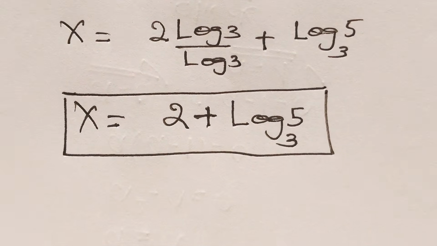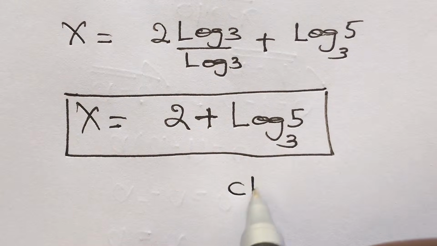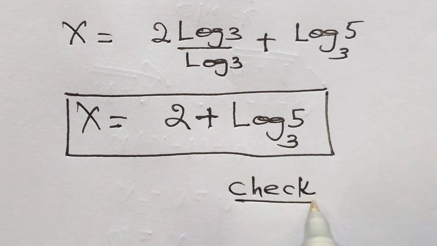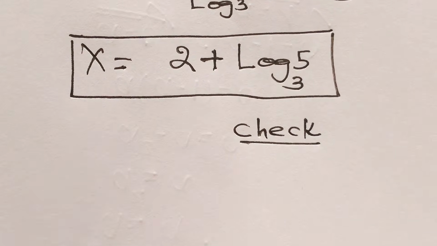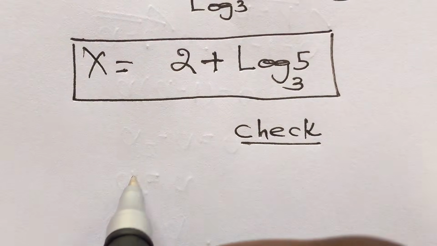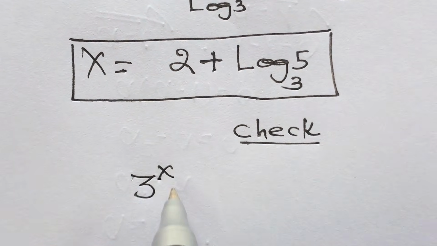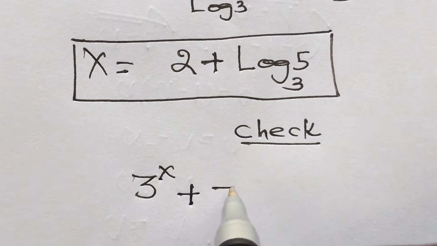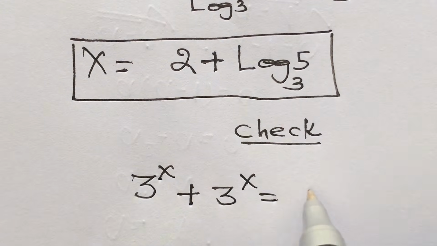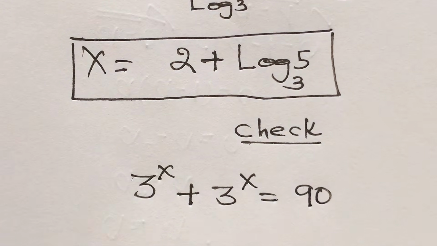Then we have to check if our answer is correct, because I have given 3 power x plus 3 power x equals 90.